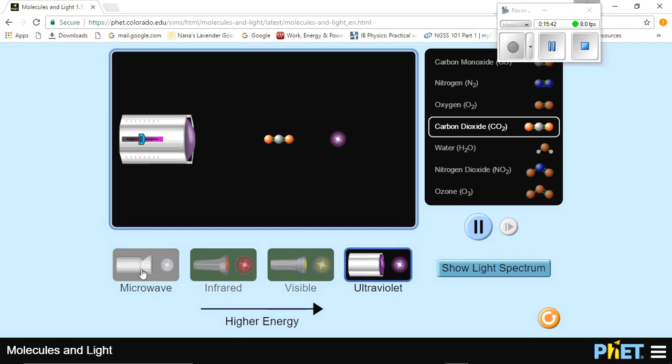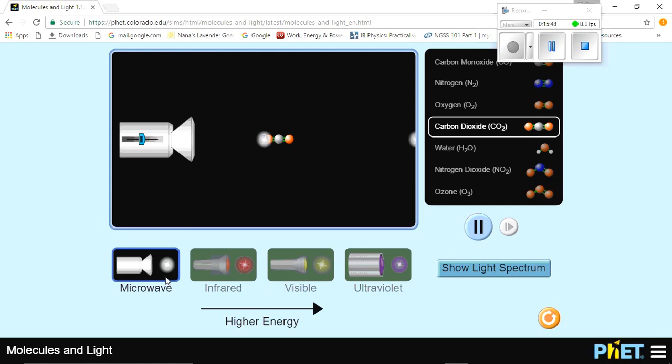If I go down to microwave, because these photons have a little bit longer wavelength than even infrared, they tend to pass right through the carbon dioxide molecule. Infrared photons just happen to have the correct wavelength to be absorbed by that carbon dioxide molecule and then re-emitted in various directions.